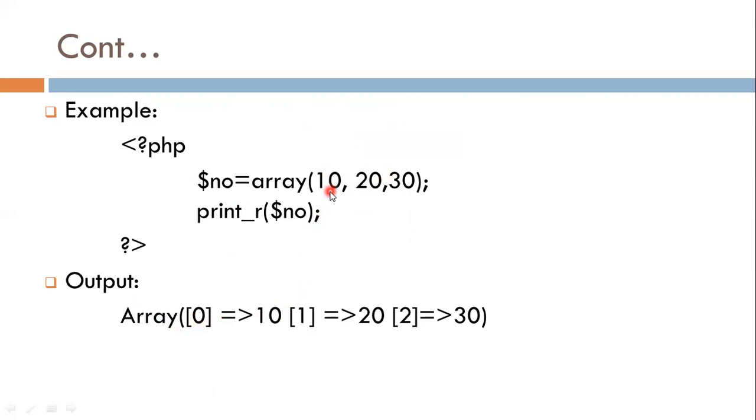Here index is not defined, so it starts from 0 by default. So the index of 10 is 0, index of 20 is 1, and index of 30 is 2. So the output is like this: 0 is assigned to 10, 1 is assigned to 20, and 2 is assigned to 30.